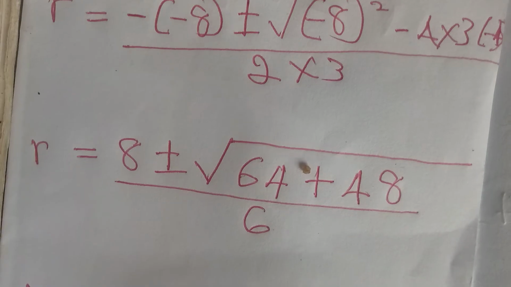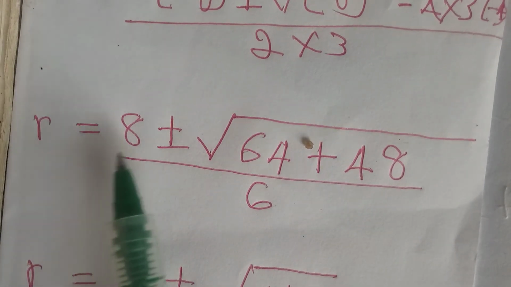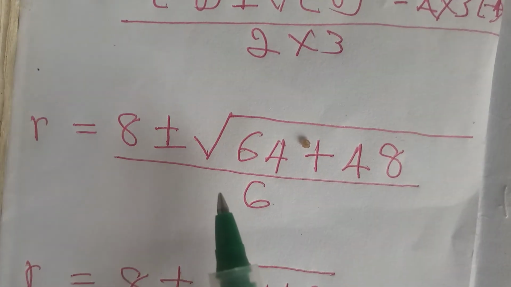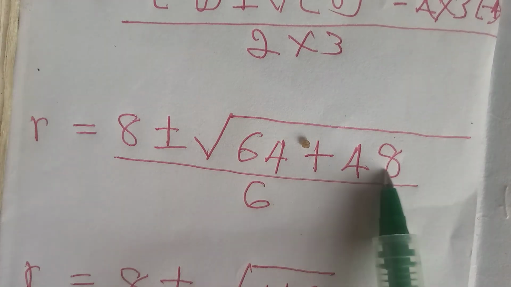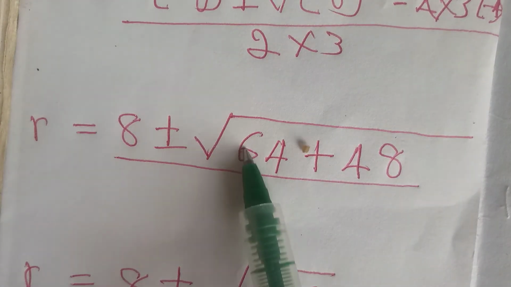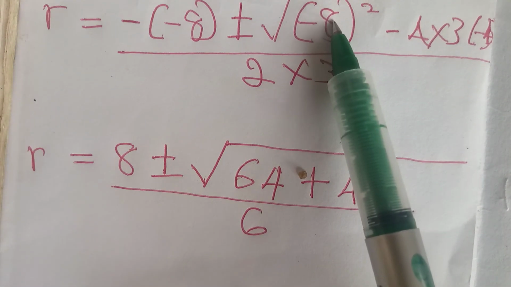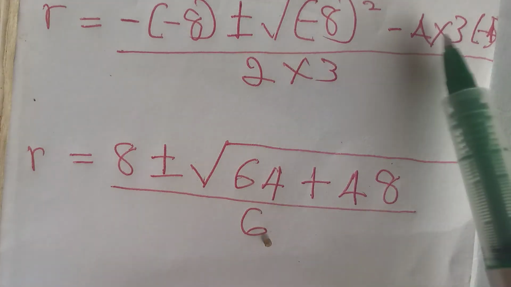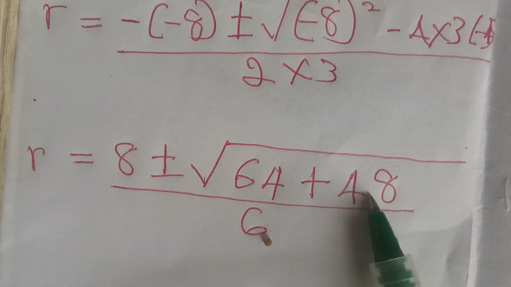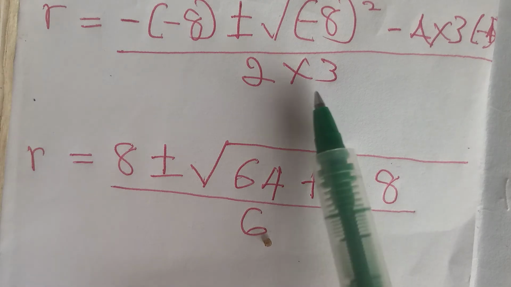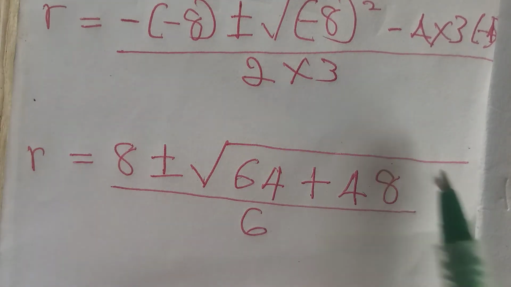Now if you proceed, you have r equals 8 plus or minus the square root of 64 plus 48 all over 6. 64 is coming from the square of minus 8. Simplify this, you get 48. 2 times 3 will give you 6. Fine.